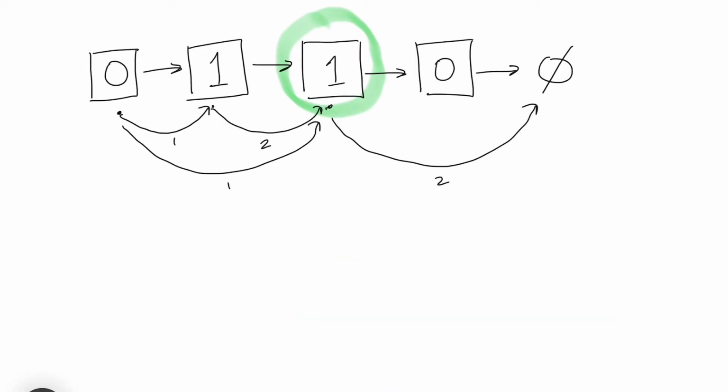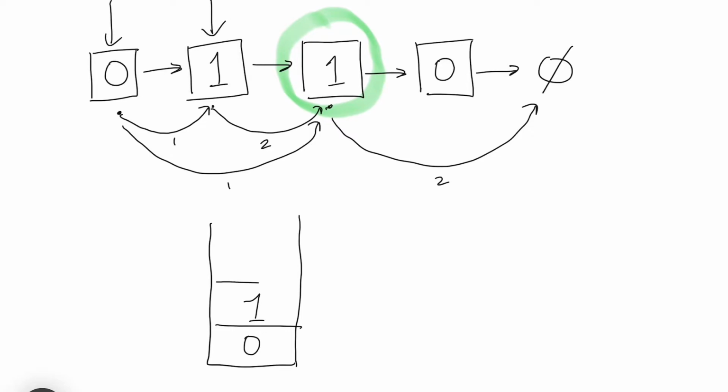As the slow pointer traverses the linked list, we could record the values it encounters in a stack. So we'll record the value of the first node, then when we reach the second one, we'll record the value of the second node. However, the moment the slow pointer reaches the middle, we will continue traversing the linked list, except we will start popping values off of the stack.